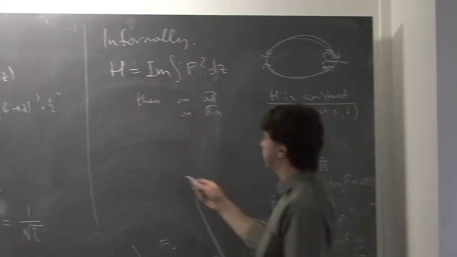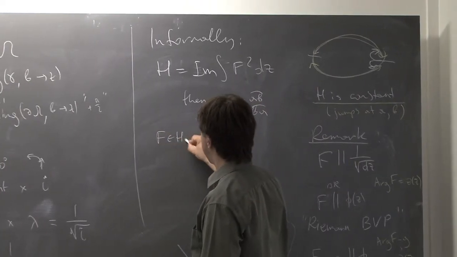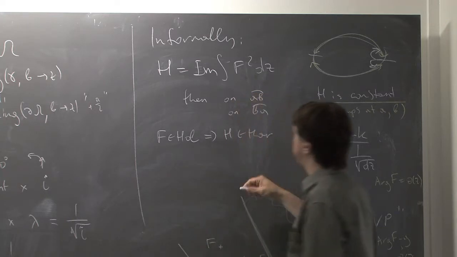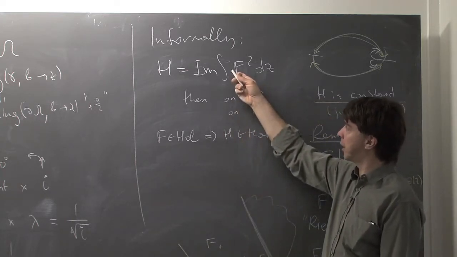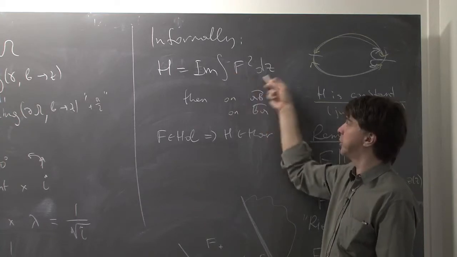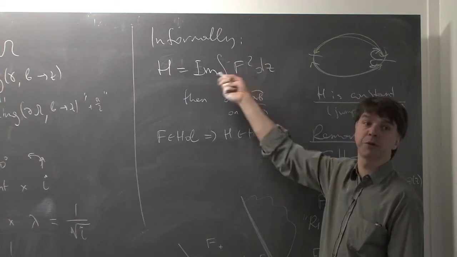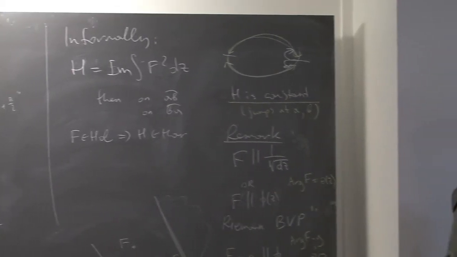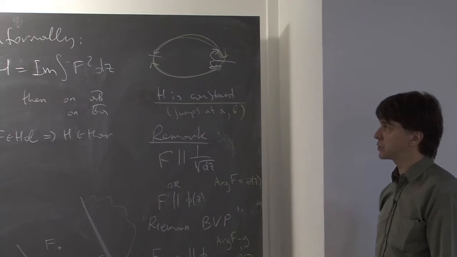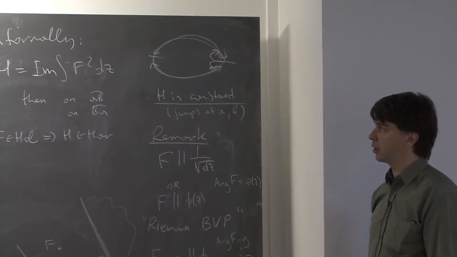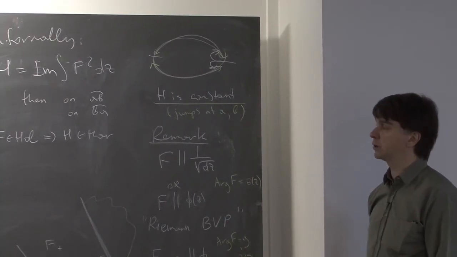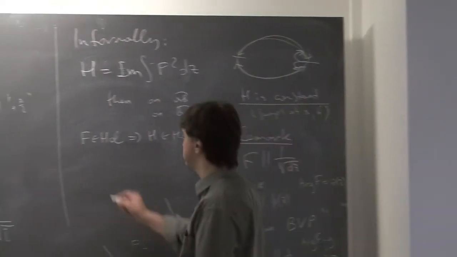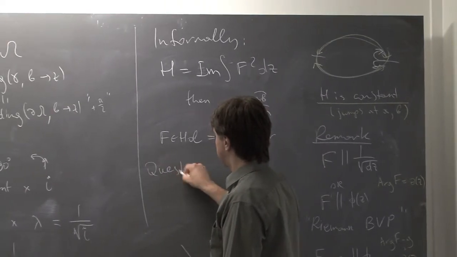And then the other thing: if f is holomorphic, then of course h is harmonic. Why? Because you take the square of a holomorphic function, it's holomorphic. You take a primitive of a holomorphic function, it's holomorphic. You take the imaginary part, it's harmonic. So basically, in the continuum setting, you can reduce your Riemann boundary value problem to a Dirichlet boundary value problem just by integrating the square.